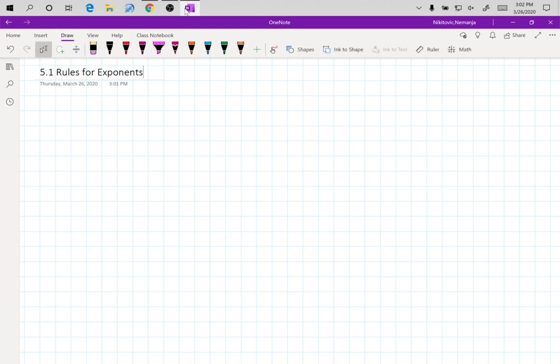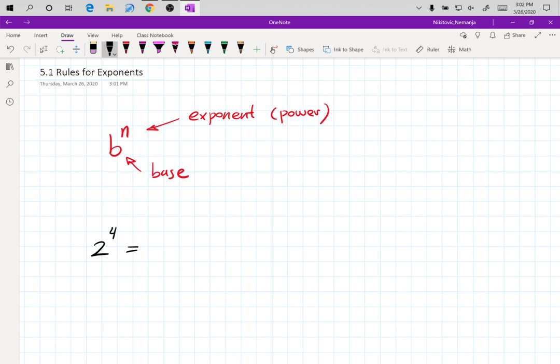So first we are going to say that b to the n, that's what we are looking at. n is known as the exponent, also known as power, and b over here is the base. A quick example would be 2 to the 4th power, and the meaning is 2 times 2 times 2 times 2, which is 16.